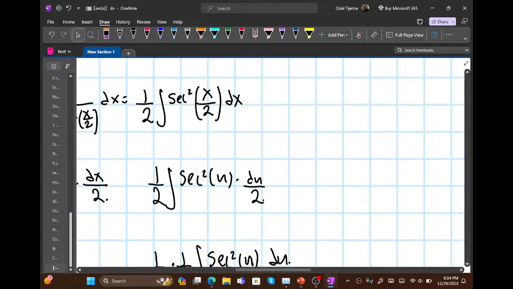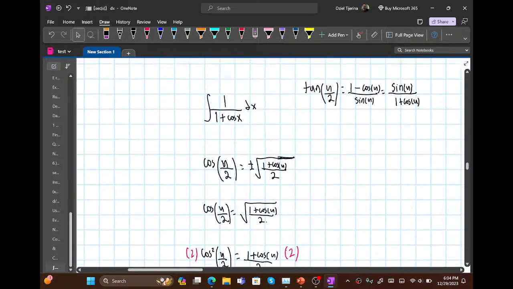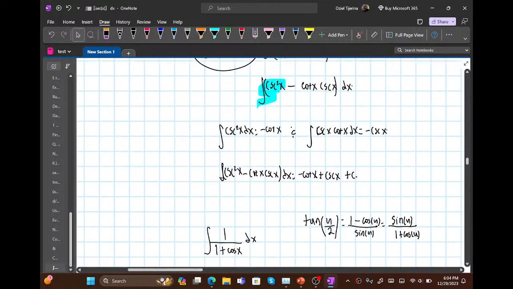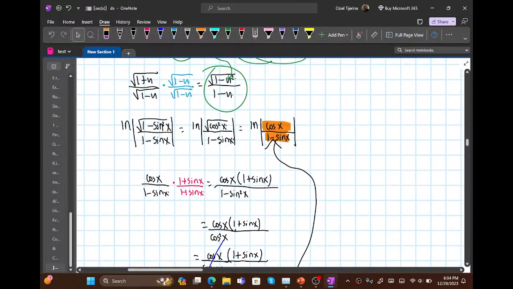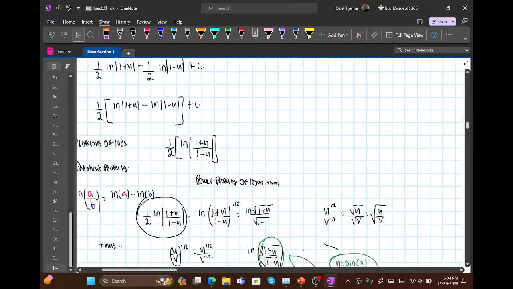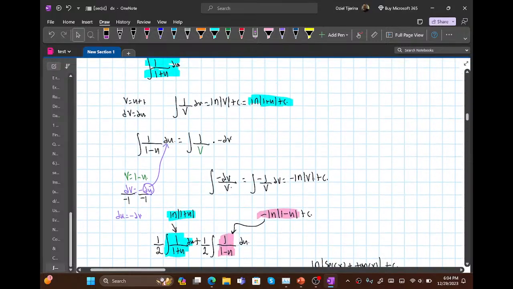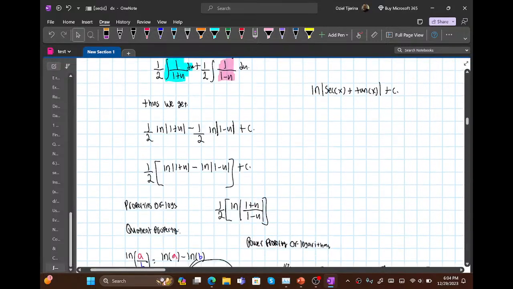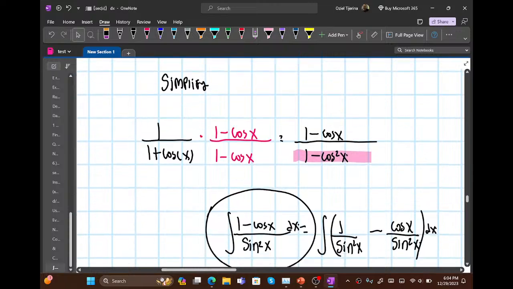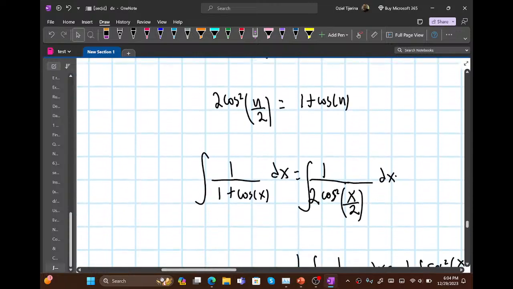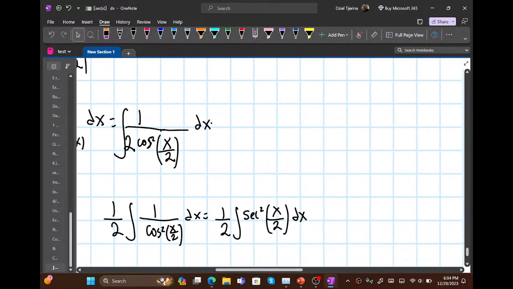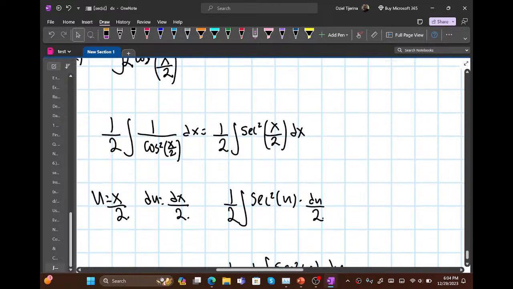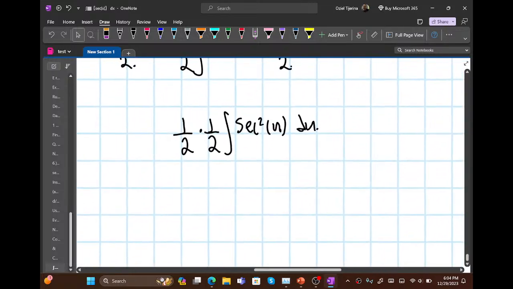I'm sorry. The integral of secant squared is secant x tan x, right? I don't remember. Or is it tan x? I know it's not 1/2, it's 1/4.